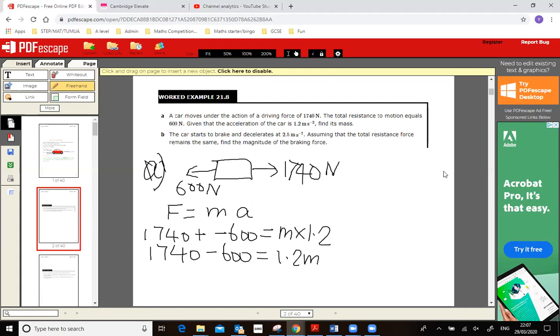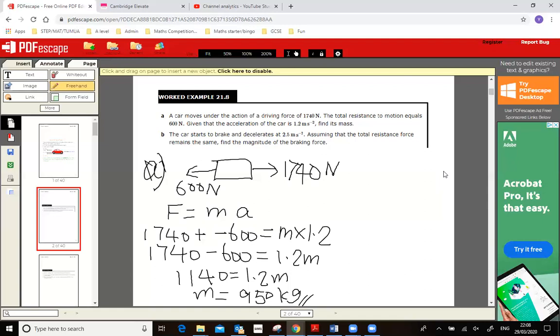So then we will have 1,140 equals 1.2m. By using a calculator, we can very quickly work out the mass m equals 950 kilograms. That's the answer for part A.